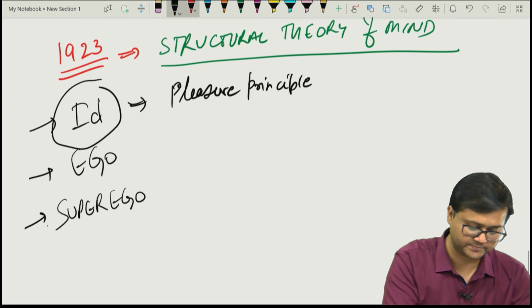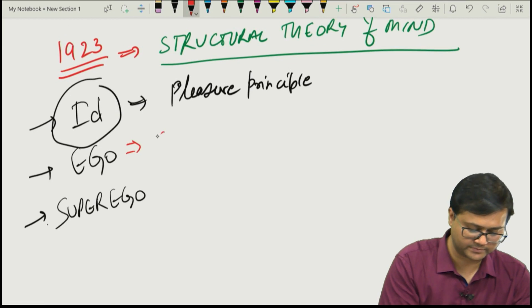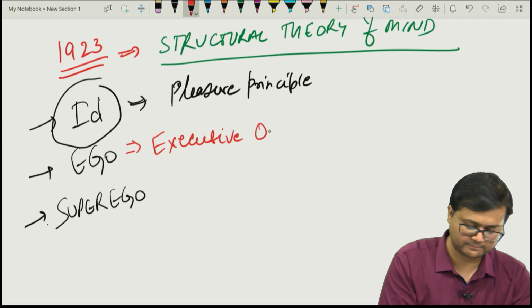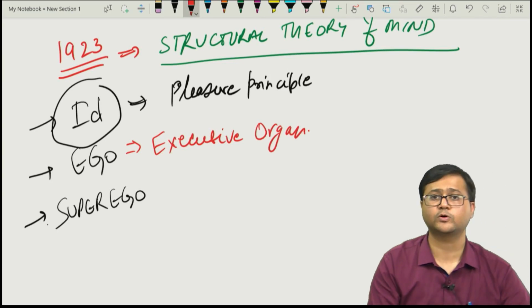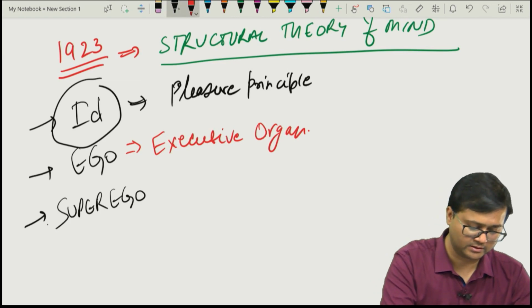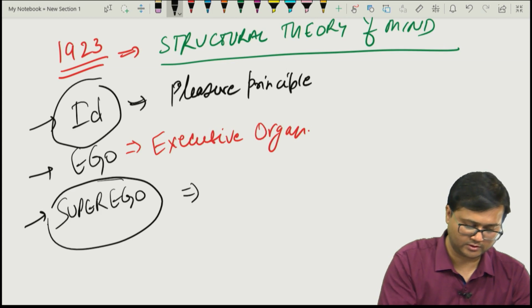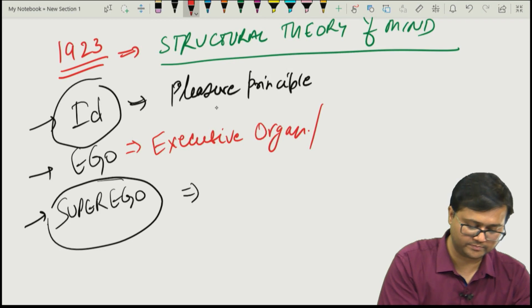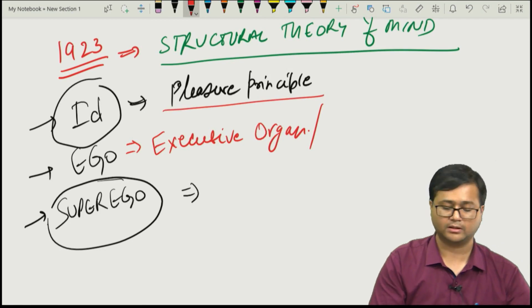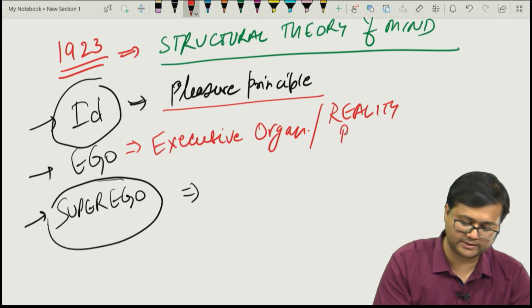Then ego is also known as the executive organ of the psyche because it balances between the id and the superego. Now, as the id works on the pleasure principle, the ego works on the reality principle.